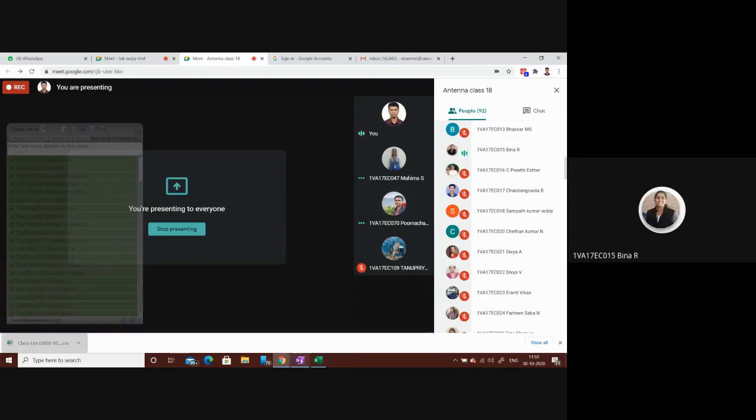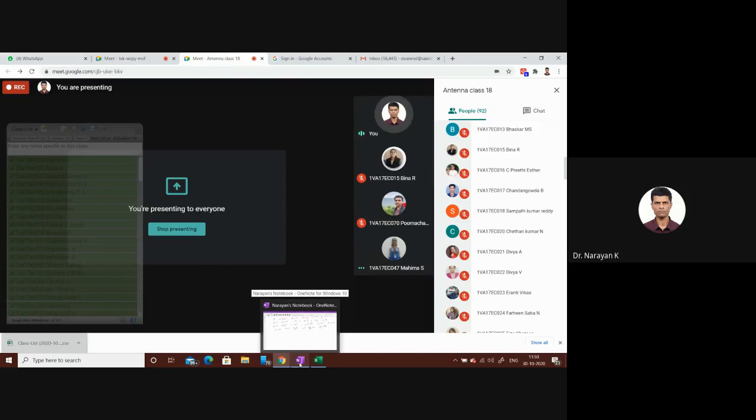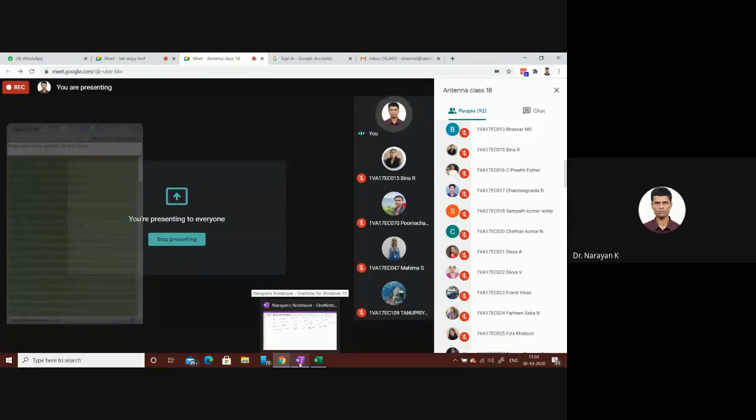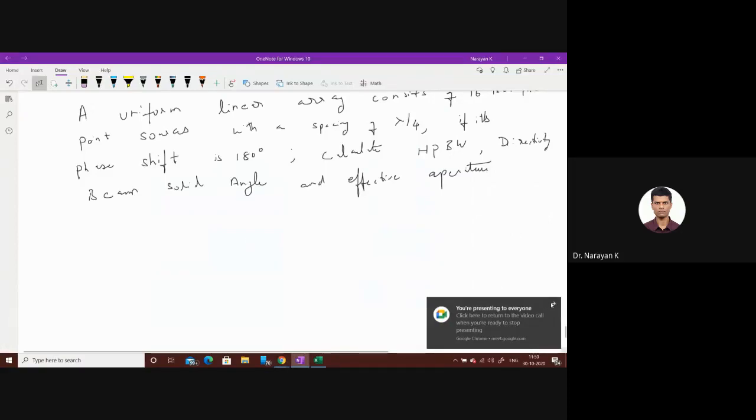So we will get one situation where it is neither end fire nor broadside. Those problems are also there. So if you understand these things in the class, you will score 100% marks. If you do not understand, you will get one big zero in the exam. So either you will get zero or 100%. It is like ones or zeros here. So now which array is this?